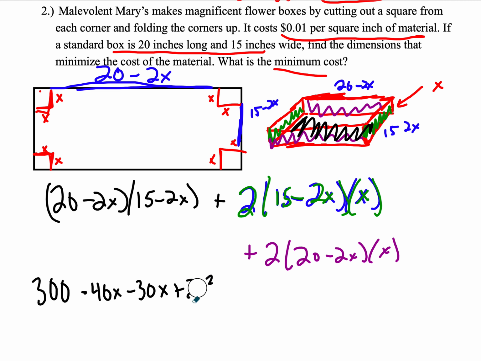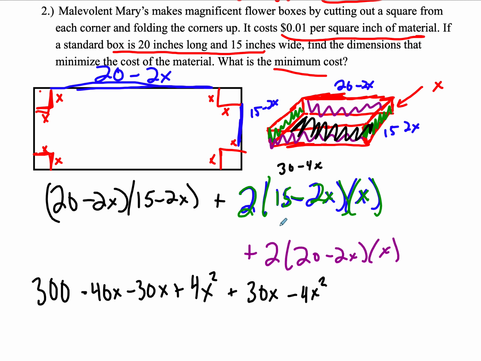Remember, we want our x squareds to be a positive number, because that will ensure we have a minimum, and that's what we're looking for. Okay, so if I distribute this, I get 30 minus 4x, so I'm gonna get plus 30x minus 4x squared.